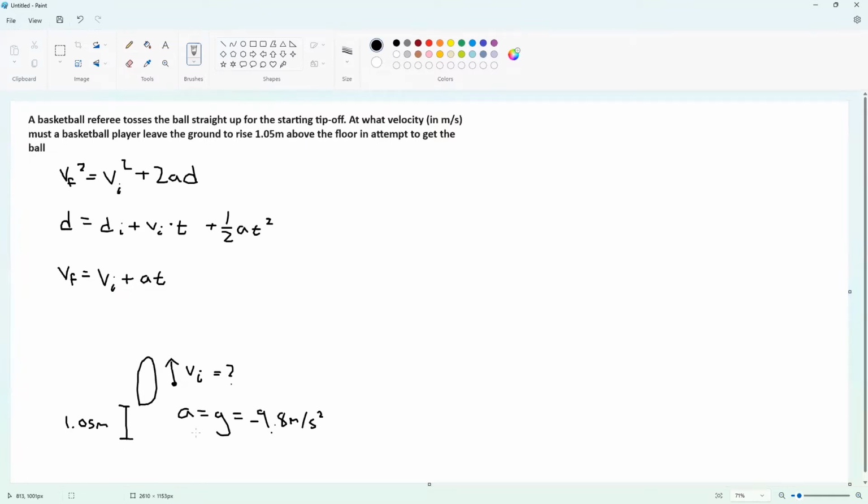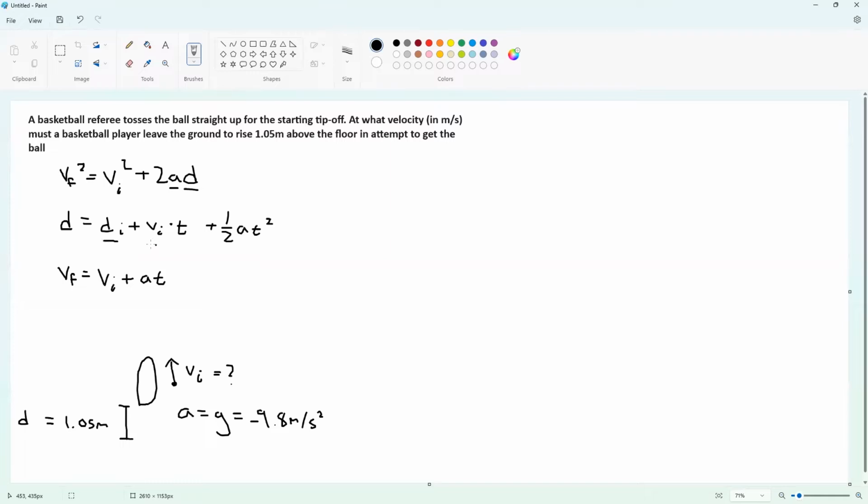Okay, so we have acceleration, we have the distance we are covering, but we don't have initial velocity. Do we have anything else? We have neither final velocity nor initial velocity. We have our initial distance, which is going to be 0 because we're starting on the ground, and then we're going up.